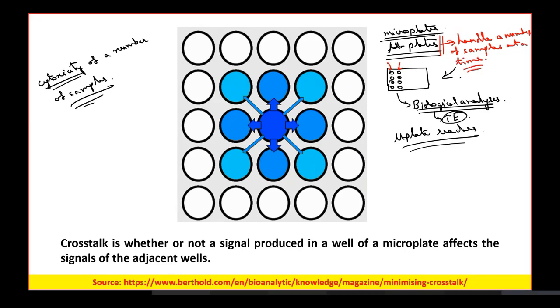It gives you that flexibility. One of the common microplates is the 96 well plate. Now they are made up of high grade polystyrene. Polystyrene is transparent in nature.